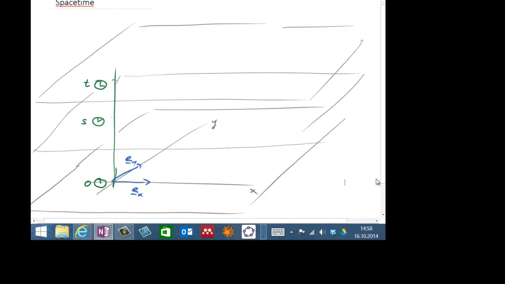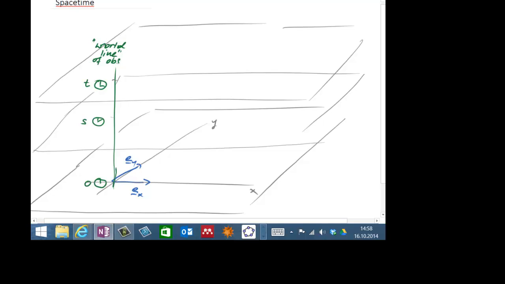Now, what does the second observer look like in this diagram? The origin is shifted with respect to my origin. And also the time is shifted with respect to my time. Actually, what I drew here in green is called a world line. This is the world line of the observer.